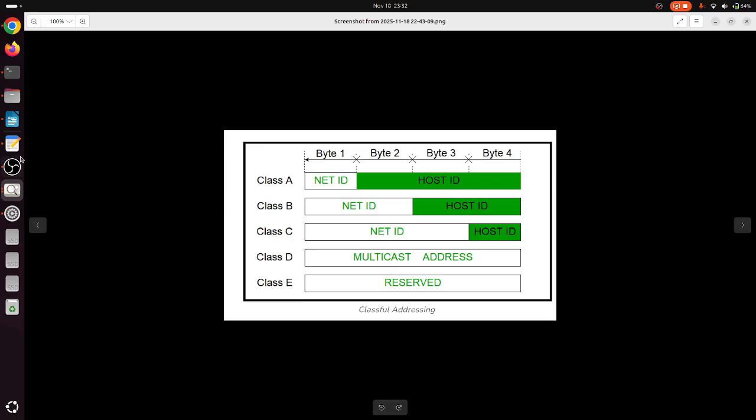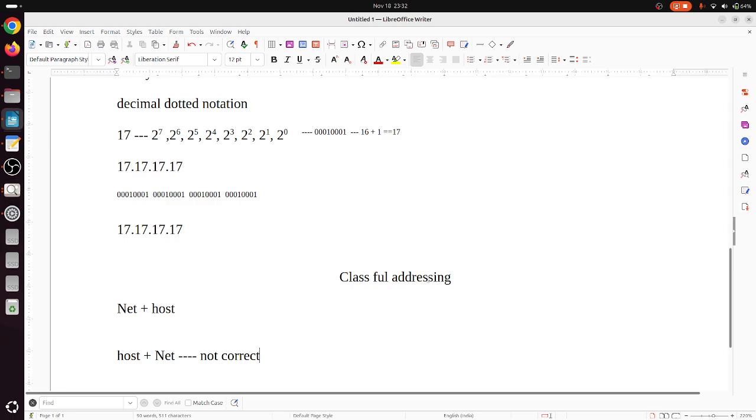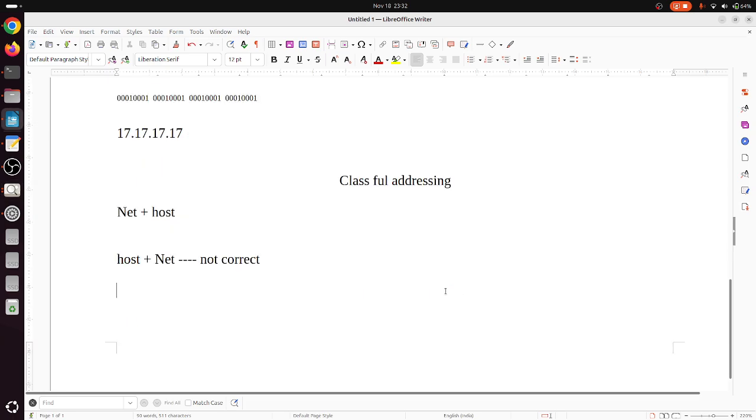Now class A has the condition like this. The first number starts with 0, that means the first bit, the MSB, is 0, and it can go until the rest are 1s.